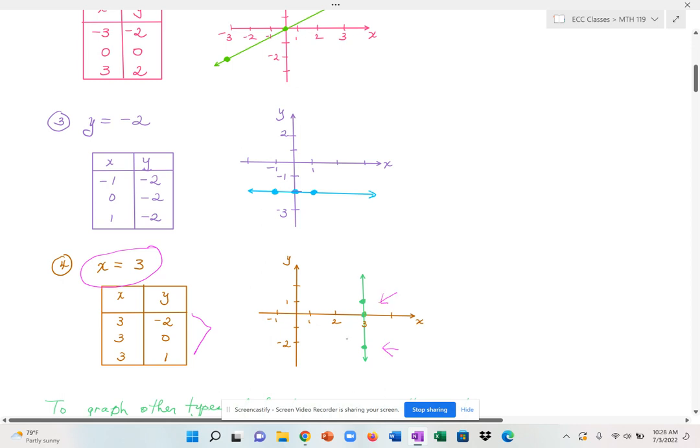That is the x-intercept because it's where it crosses the x-axis. And 3, 1 is here. Connect those 3 points and there is your vertical line. Remember, you only need 2. 3 is more than enough. And so then you can connect the points of your line.